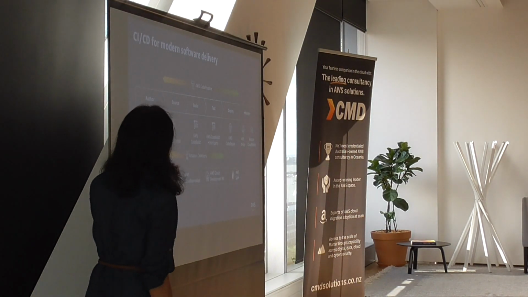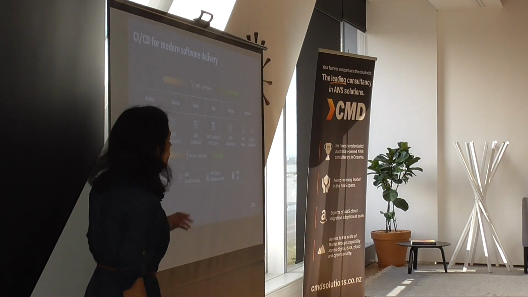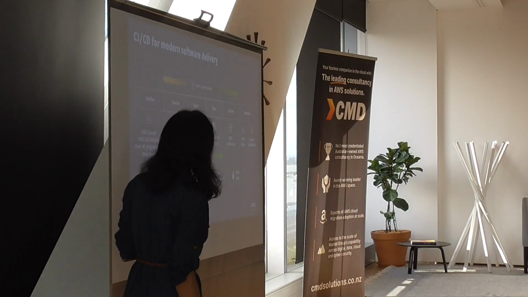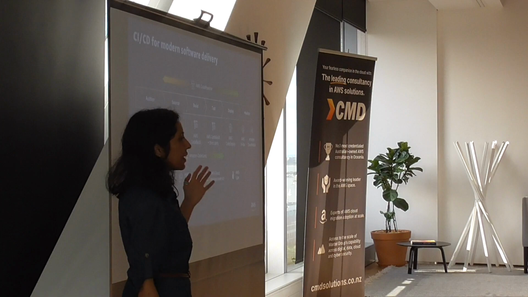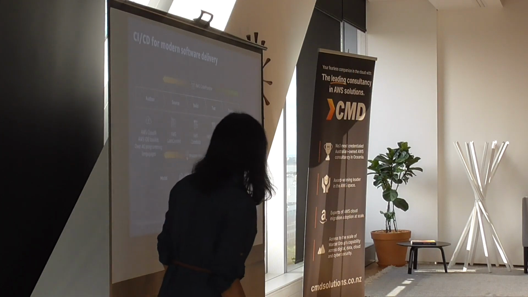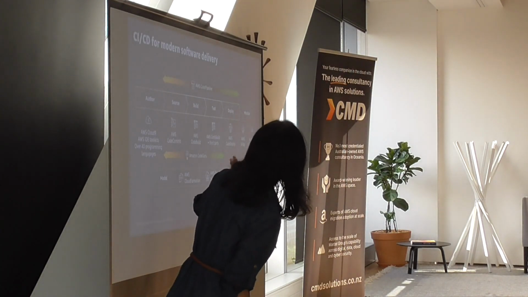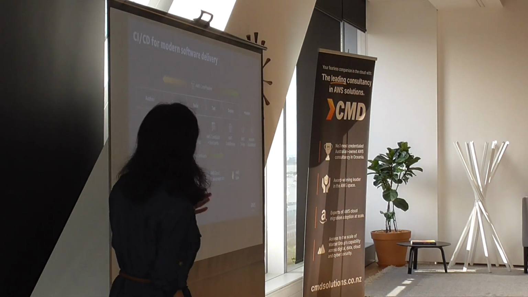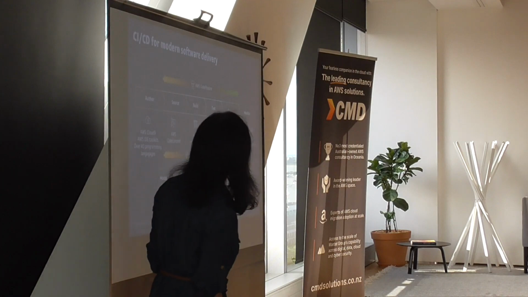From the source perspective, your version control, we have CodeCommit, which is your Git repository. CodeBuild is our fully managed build and artifact service. And CodeDeploy is what we use as our managed deployment service.